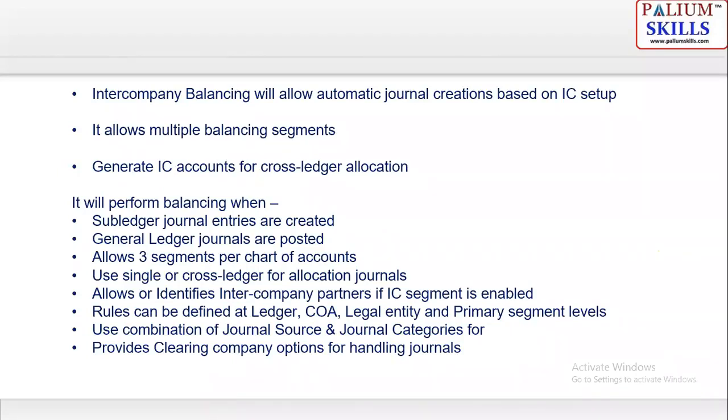You can provide a clearing company option for handling journals. The clearing company concept is like the shared services case: all transactions are done against the shared services, and then the corresponding transactions are made between the shared services and the respective units.